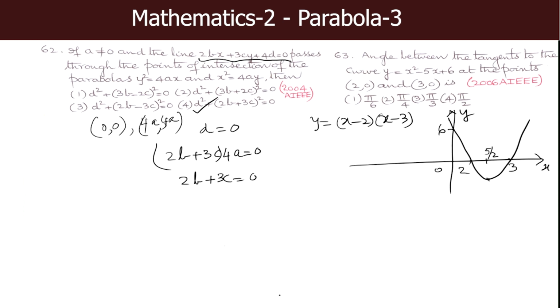But you see, the axis of the parabola is this, and what is this? This is the focus of the parabola. Why? Because A equal to 1/4 here, and the lowest point is y equal to minus 1/4.